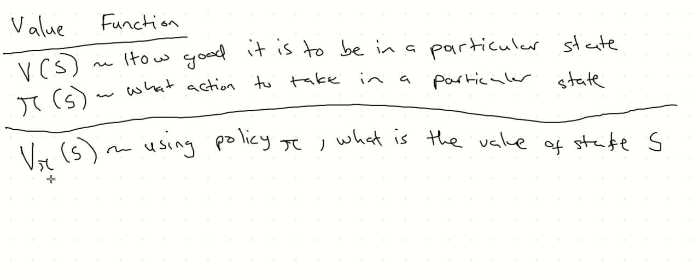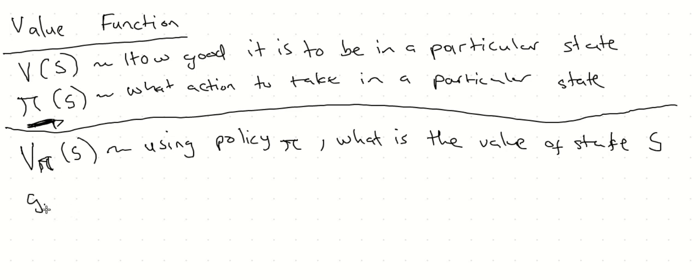So if someone gives you a policy, it is just telling you that in every state you're supposed to perform a particular action. So someone gives you this function, right? It's in a future video that we're actually going to go through how we estimate this function, but for now let's just say someone gives you this function, and now that you have it, you are supposed to calculate the value of being in a particular state given this function, right? This is what we call v pi of s, right?